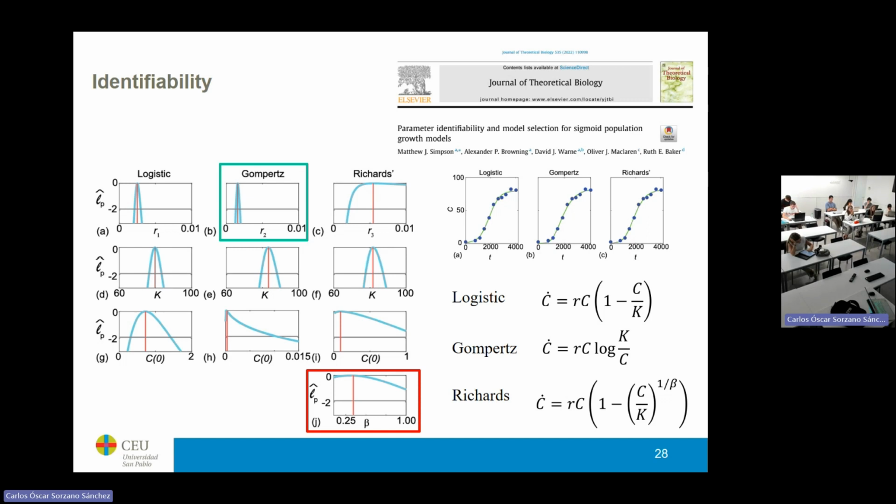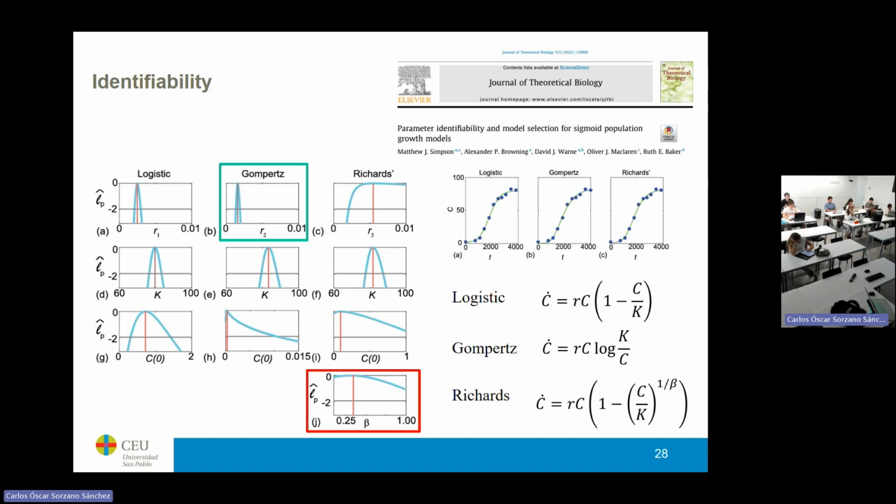So for instance, here you may have these Logistic, Gompertz, Richards. Each one of them has different formulations. So for instance, here you have a couple of parameters, R and K. Here you have also R and K, but in a different arrangement. Here you have R and K and beta. So can I identify these things? So for instance, K, this is Logistic, Gompertz, and Richards.